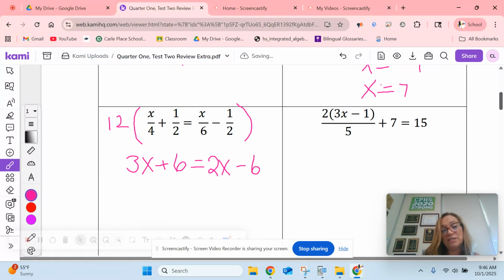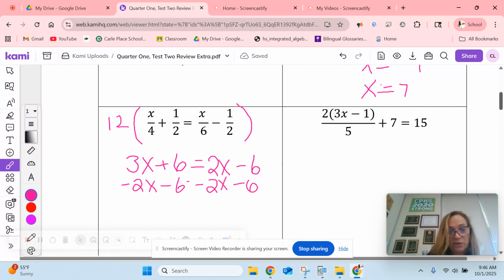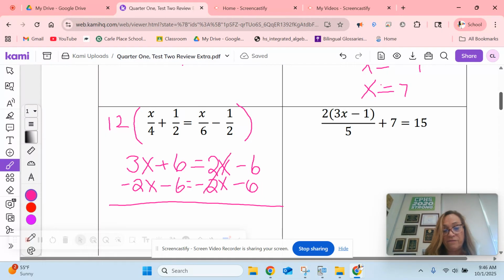So now I'm just going to combine the like terms by moving the variables to the other side. And I'm actually going to just do both at the same time. So this is something that I do to save myself time. I did the opposite of having 2x, I subtracted 2x, and I did the opposite of adding 6, subtracting 6.